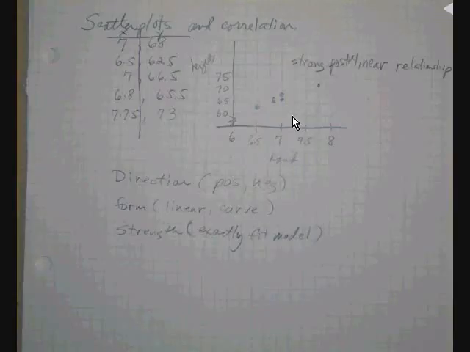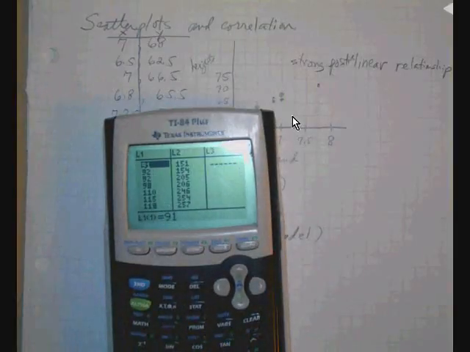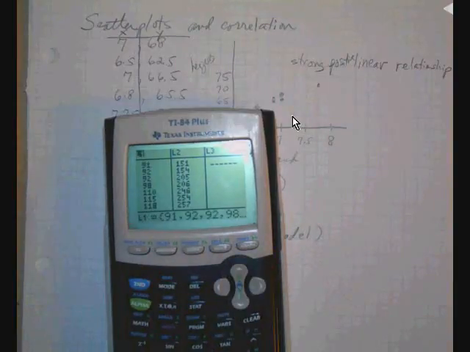Next I might want to throw those in my calculator. So let's review how you do that. Now, I had some stats homework from last night that's in my calculator. Not yours, my stats homework. It wasn't particularly pretty. Way too many numbers I had to put in. So I'm going to get rid of all those numbers by arrowing up to L1. Do you know how we get to this page?